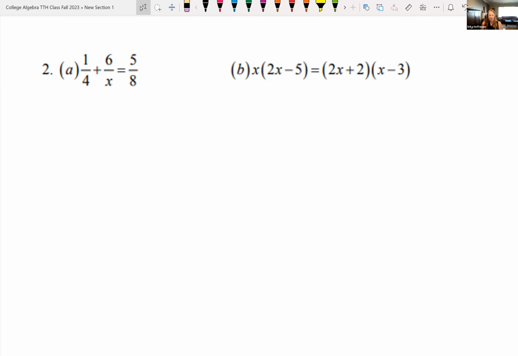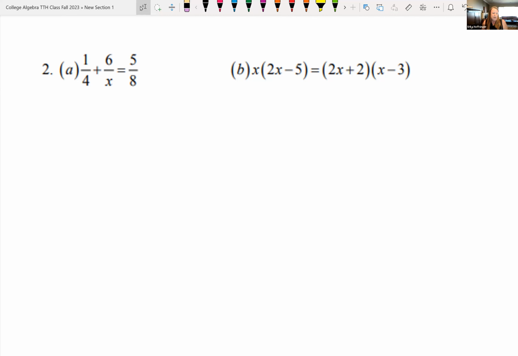I notice I have fractions. The thing in this case, different than the other case that we just looked at, is that in the denominator of the fractions we actually have a variable, where in the other example we didn't have a variable in the denominator. If you have a variable in the denominator, we have to look at values that x cannot be.